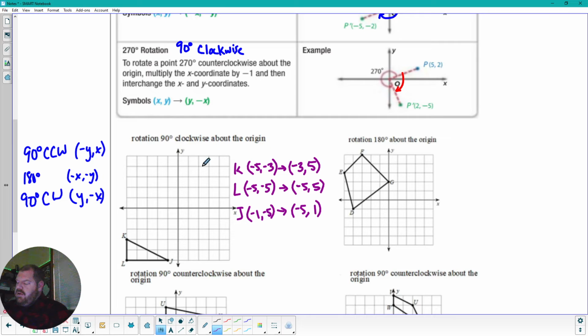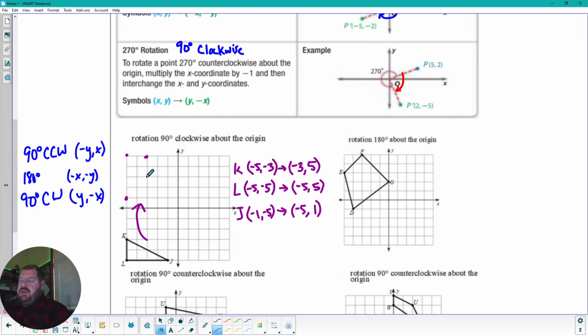With a 90-degree clockwise rotation, we should feel that that's going to go 90 degrees that way. We'll see if that looks like it's going to make sense. So (-3, 5) for K, (-5, 5), and (-5, 1).